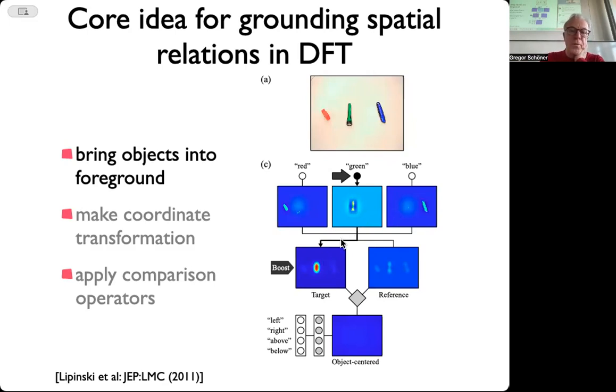So if we give this field a boost, then of the projections from all of these slices into these two fields, the target and reference field, only this projection here, drawn as a fat arrow, will be effective, because only this field is able to make a peak due to the boost. This system gets the same input, but it can't make a peak because it doesn't get the boost, and so it's too low.